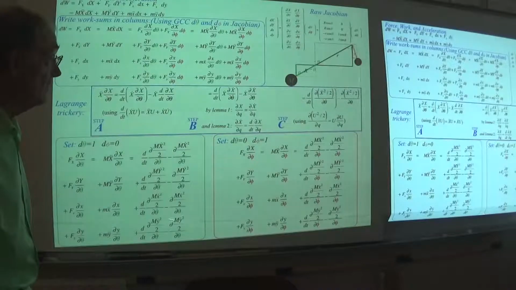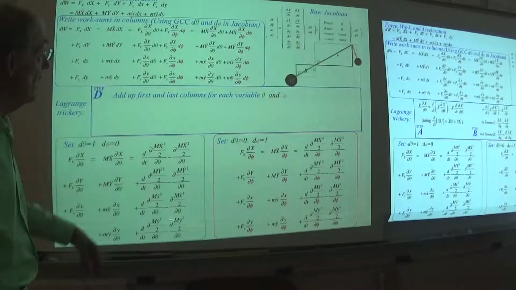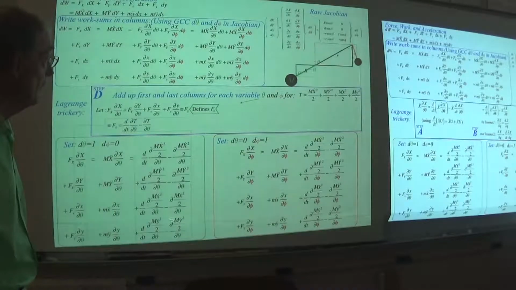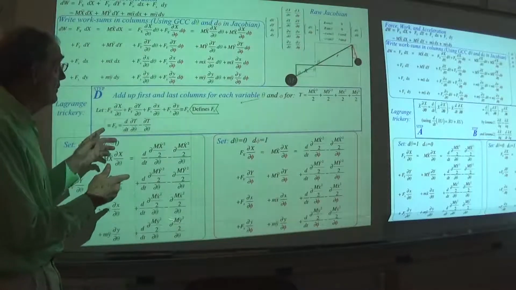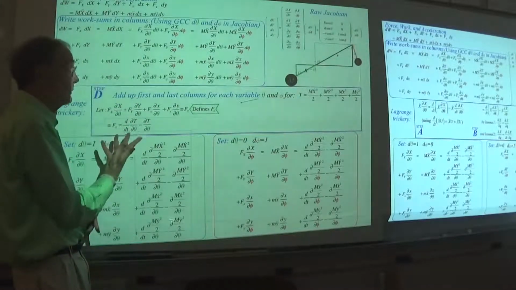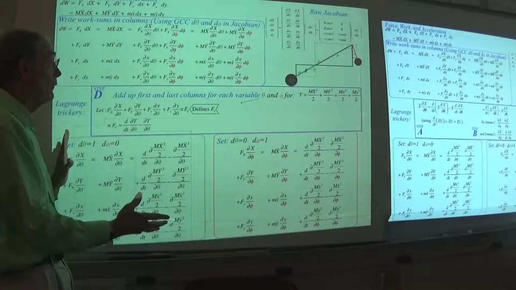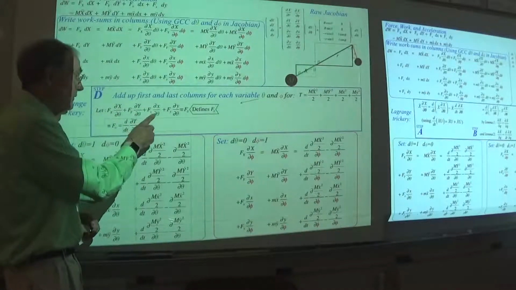Okay, so that's it. This is just a little bit more complicated. As I say, you add up the first and last columns of each variable, and you get this guy right here. The thing that's different about this particular combination is that it has 4 terms, because that's how many variables we have in total: X and Y, little x and little y.